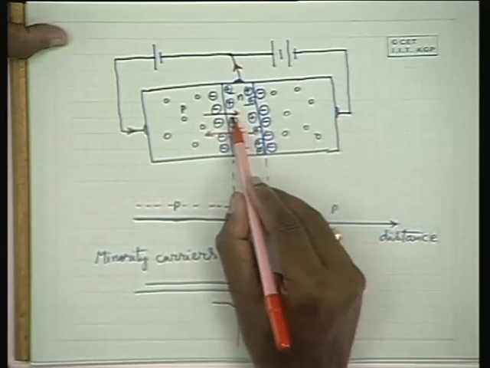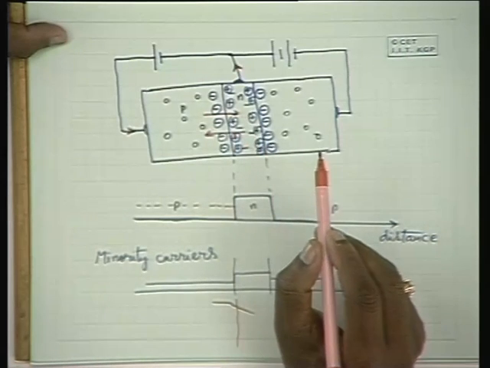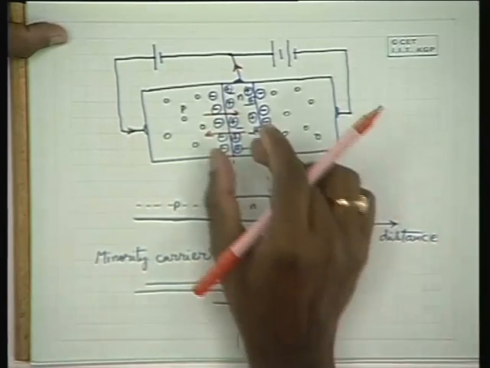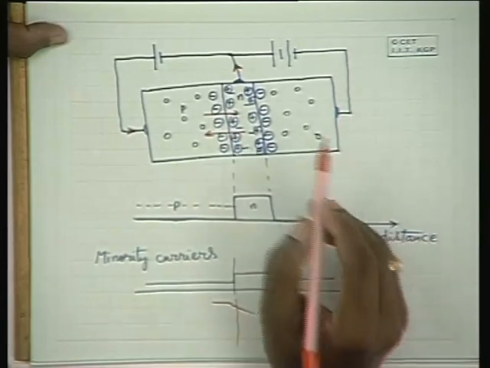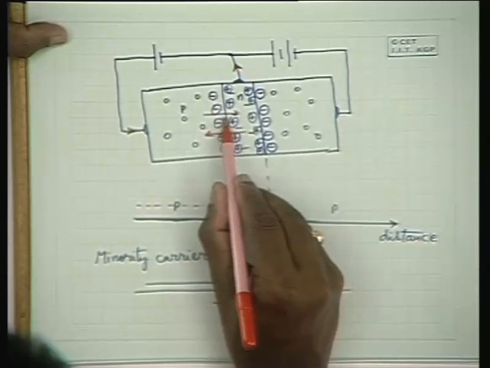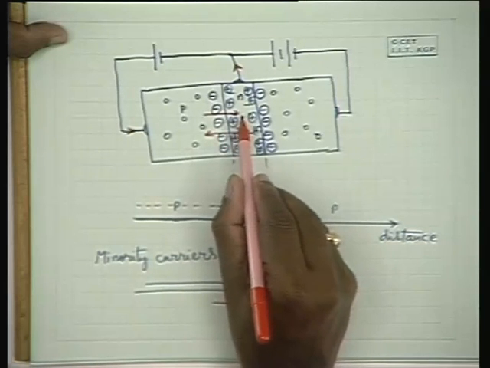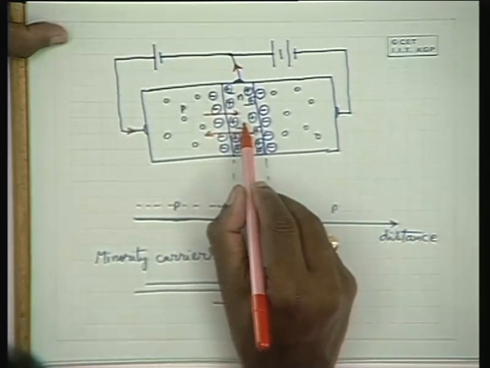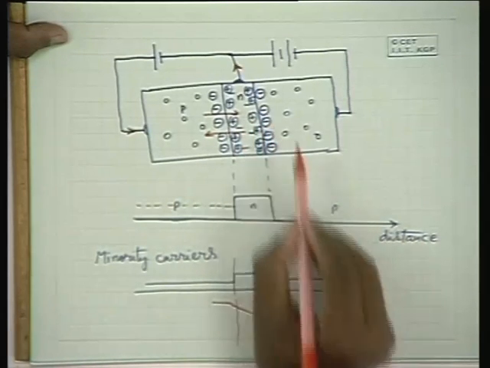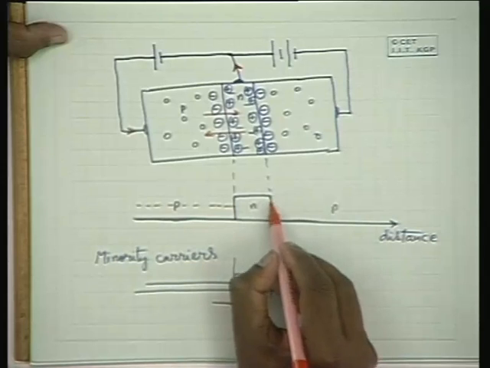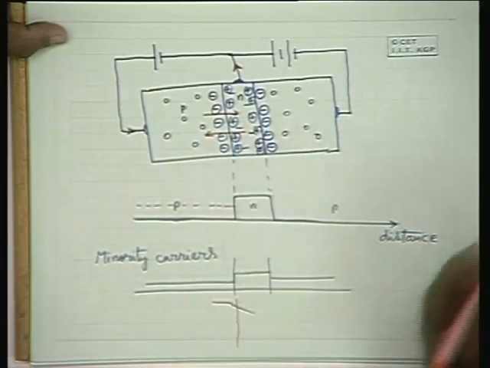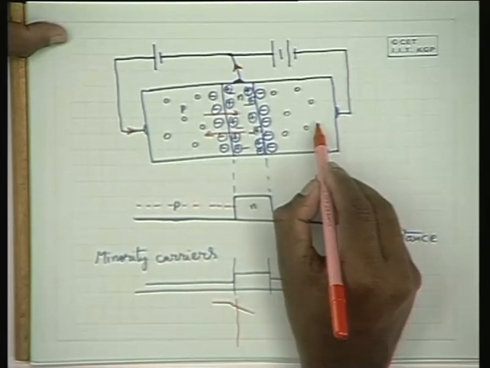But please note that the base region is very thin, as far as dimensions are concerned, it is a very thin layer. So before an appreciable amount of recombination takes place, the holes are attracted by the potential difference over here, and they cross the base into the collector p side. Why?